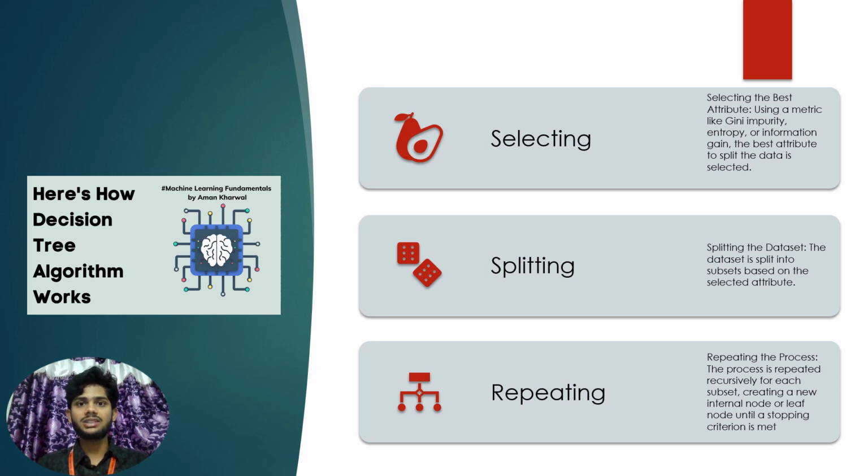And then next is repeating. This process is recursively repeated until we find the final outcome. These three processes will be repeated recursively until we get the correct result.